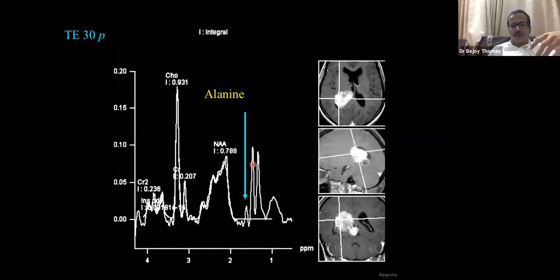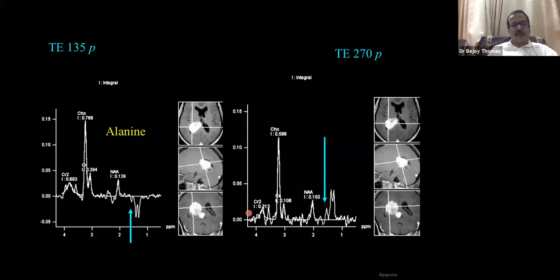You see the peak upwards could be lipid or lactate, and there is a peak to the left of that. At 1.3 you have the lipid-lactate peak, and then at 1.48 you see the alanine peak. In 40% of meningiomas, an alanine peak can be seen. To prove that the small peak is alanine, at TE 135 the lactate is inverting, so we know this is not lipid, this is lactate. To the left of lactate, alanine is keeping the same position, and this is alanine.